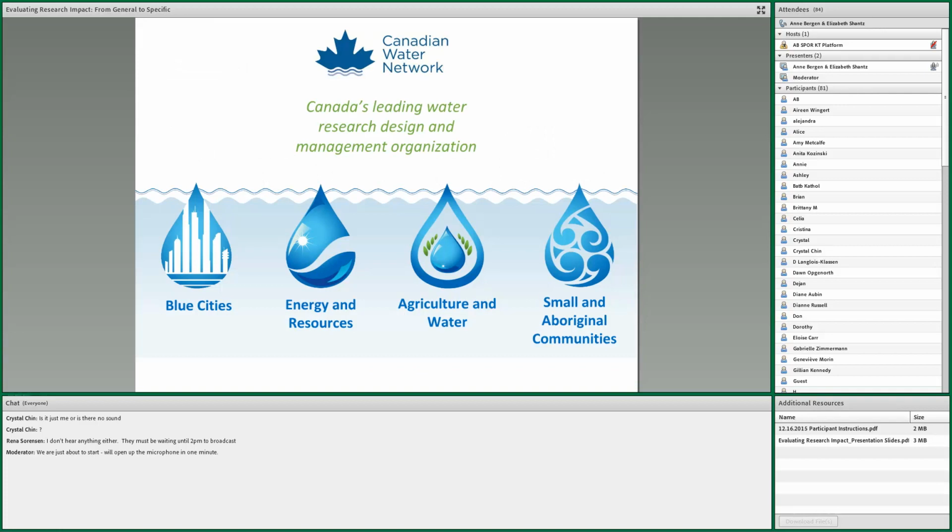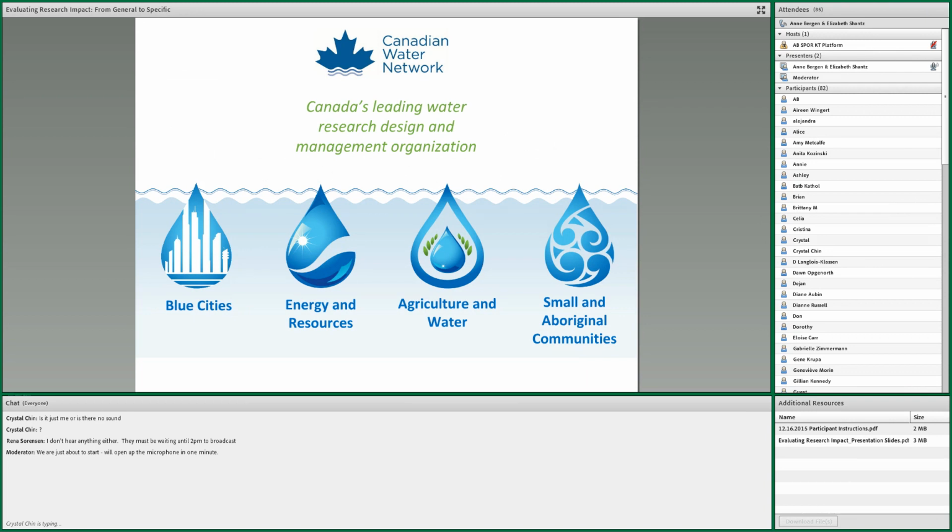Canadian Water Network is an organization that works between academia and governments, NGOs, and industry who deal with water policy and practice. And we address Canada's key water-related issues, including the safety and sustainability of municipal water supplies, water use and energy and resource development, water and nutrient management in agriculture, and water management solutions that fit small and Aboriginal community needs.